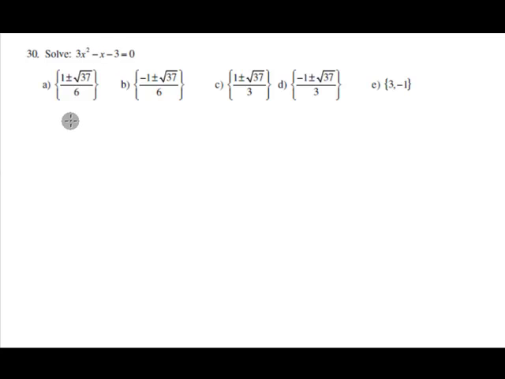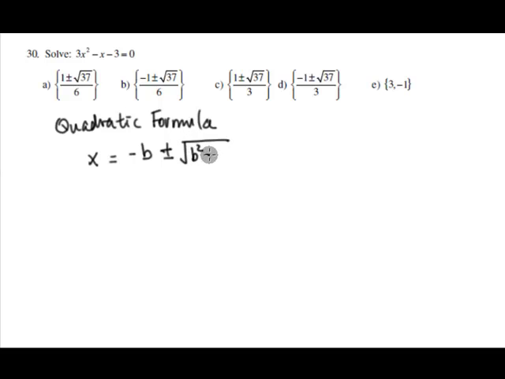So the general quadratic formula, we want to remember how to write it. x is equal to negative b plus or minus radical b squared minus 4ac, extend all the way, divided by 2a.